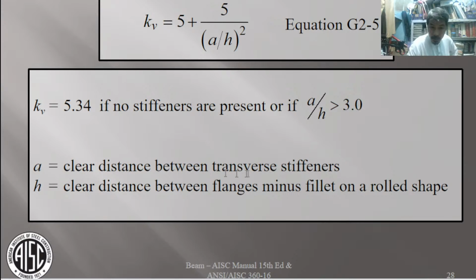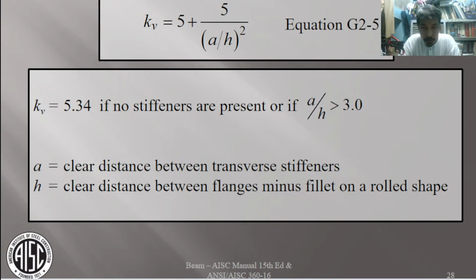A is the clear distance between transverse stiffeners. H is the clear distance between flanges. Okay, so that is our code provision for the strength.